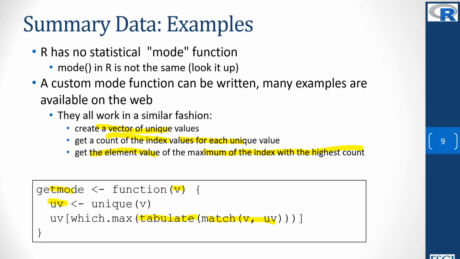So it gives us a vector of counts of each of those indexes, and then we use which.max. Remember the which function? Well, which.max is a derivation from the which function that will find the maximum number of values in this tabulate result. And the maximum value is going to refer to the element that has the most frequently occurring value in the original data, and that will be our mode.